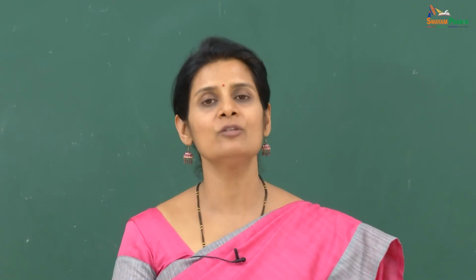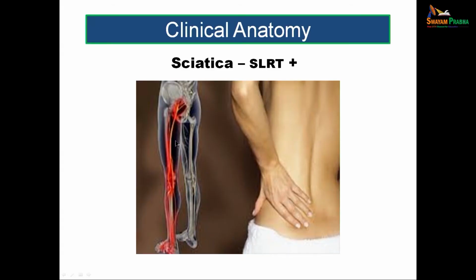Disc prolapse in the lower lumbar region can compress the lower nerve roots, and these fibers, if they are contributing to the sciatic nerve, will be inflamed. So, there is pain in the back, and the pain radiates to the back of thigh along the course of the sciatic nerve and along its distribution in the leg. So, a person will have pain in the back radiating to the back of thigh and continuing on to the leg and the dorsum of the foot. This is called sciatica.